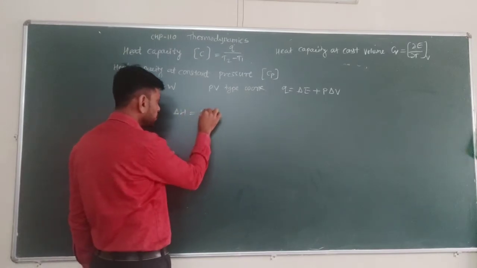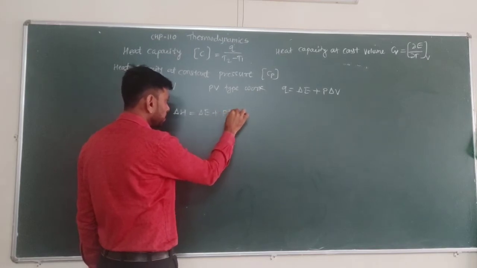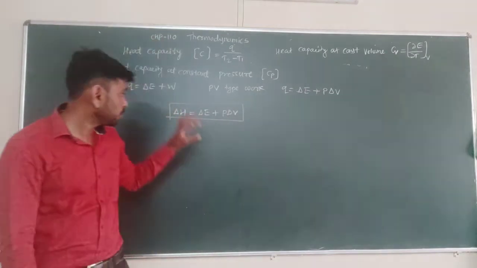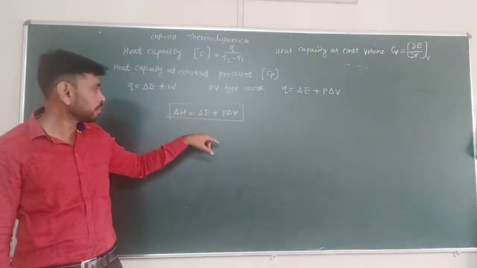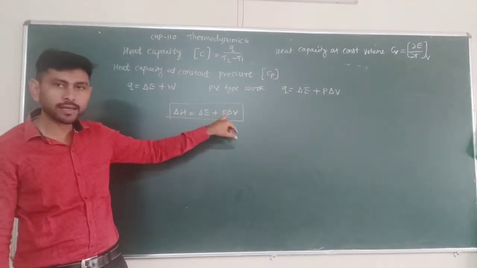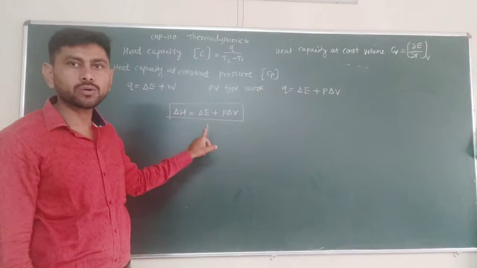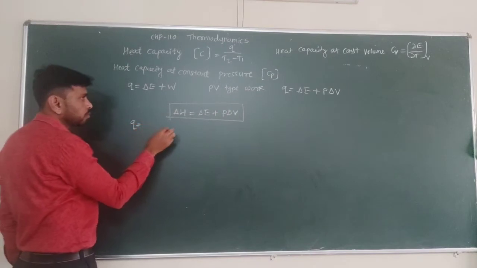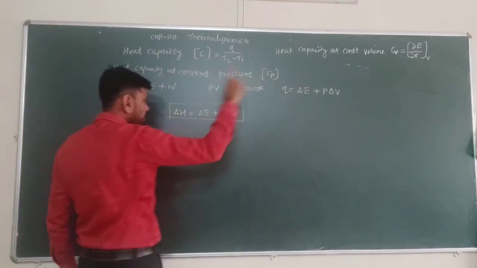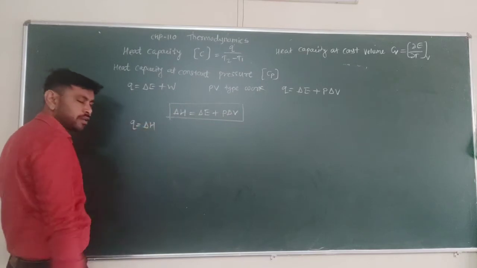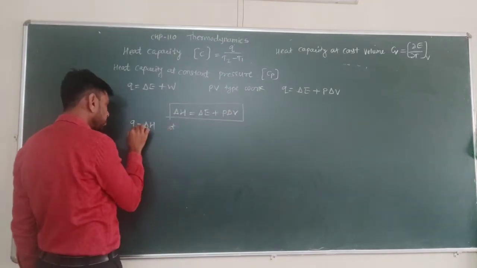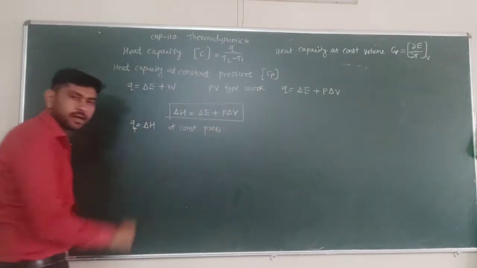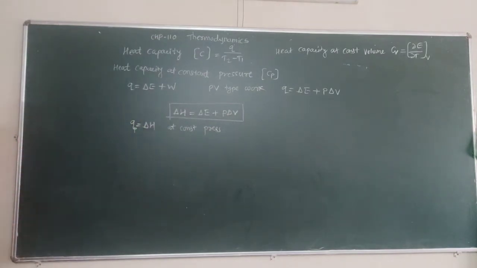Enthalpy change is represented in this way: delta H is equal to delta E plus P delta V. So we can replace this total term in Q is equal to delta E plus P delta V by delta H. So Q is equal to delta H at constant pressure.